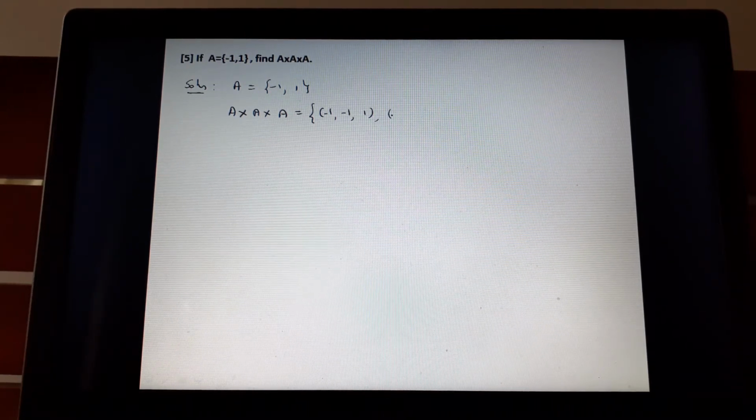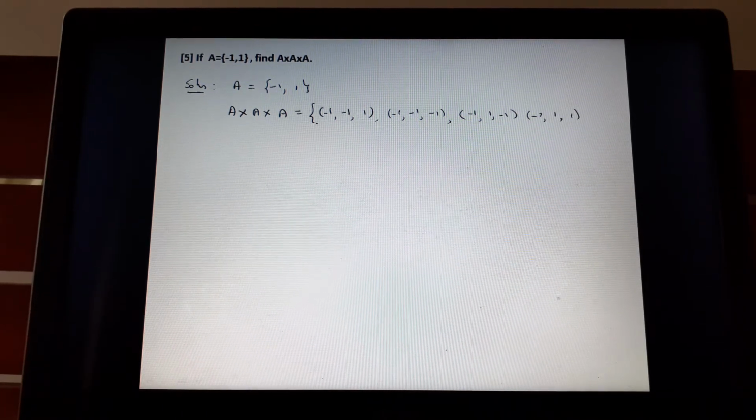Then next one is minus 1, minus 1, minus 1. This is the second one. Then similarly minus 1, then 1, minus 1. Then minus 1, 1, 1. So 1, 2, 3, 4.